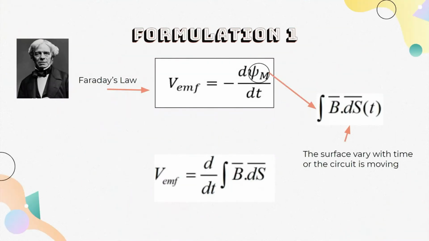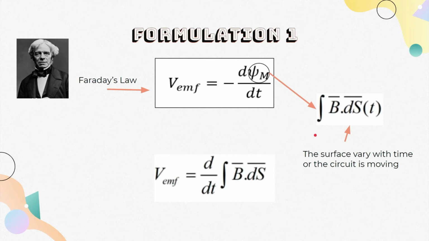The formulation of the first equation can start with Faraday's law. Faraday's law states that V_EMF, the induced EMF, equals negative dΨ over dt. Therefore, our V for motional EMF equals the integration of magnetic field B dot product with the total surface area, which is varying with time. This is because for motional EMF the circuit is varying with time, but the magnetic field is constant, as mentioned before.